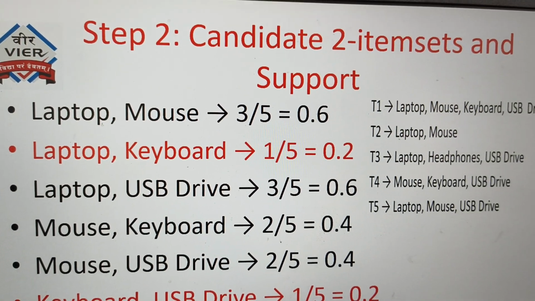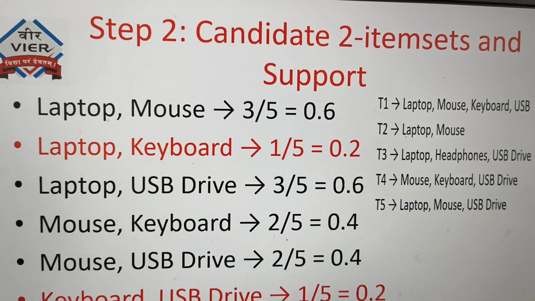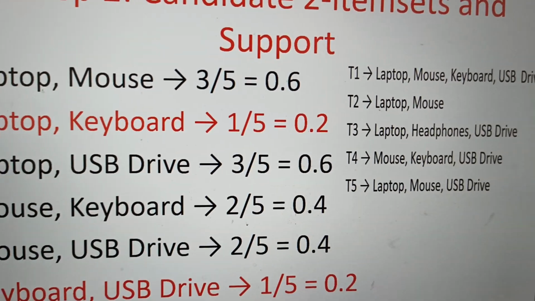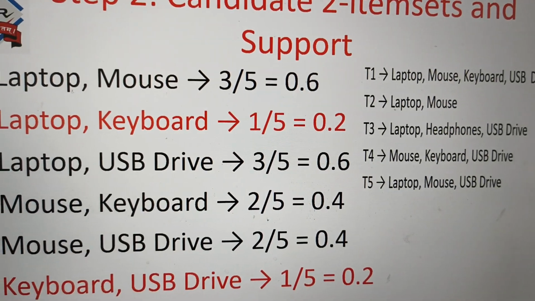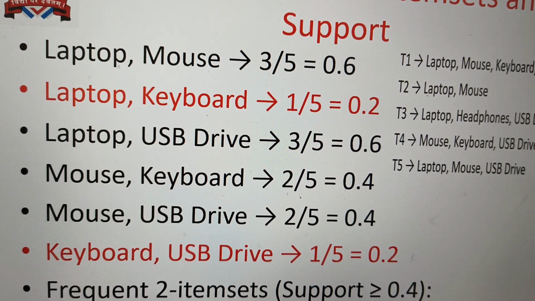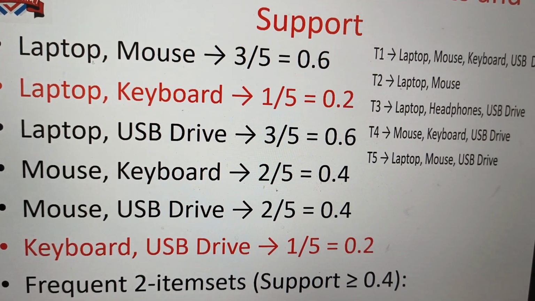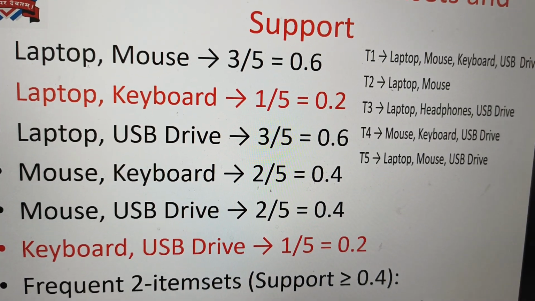The second step is candidate 2 items and support. Here we are going to consider the 2 item sets. So this is the data set and we have to consider 2 items. First I have considered laptop and mouse, so we have to find the support of laptop and mouse. You can see this one.